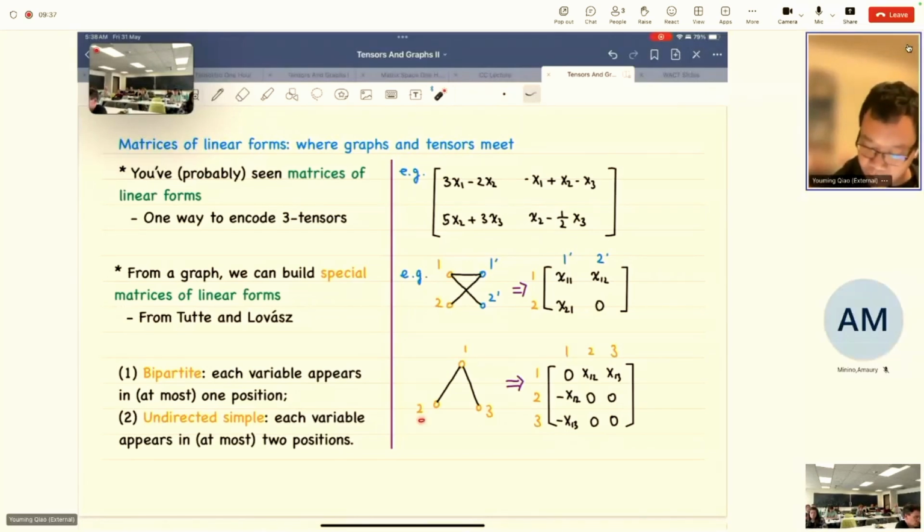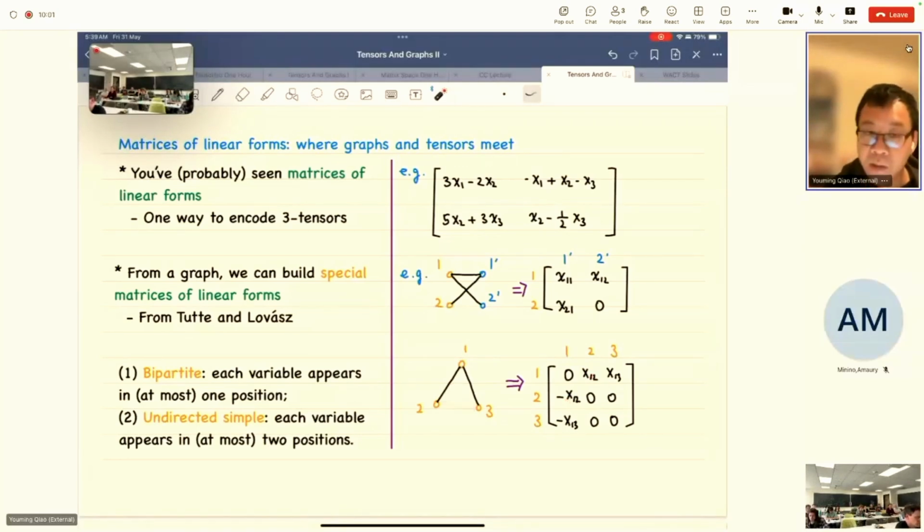And then in general, if you have some general graph, undirected and simple, without self-loops, then you're going to construct a skew-symmetric matrix of linear forms, also depending on whether the edge appears or not, right? So if edge 1,2 appears, then you put x12 and minus x12 in these two positions.